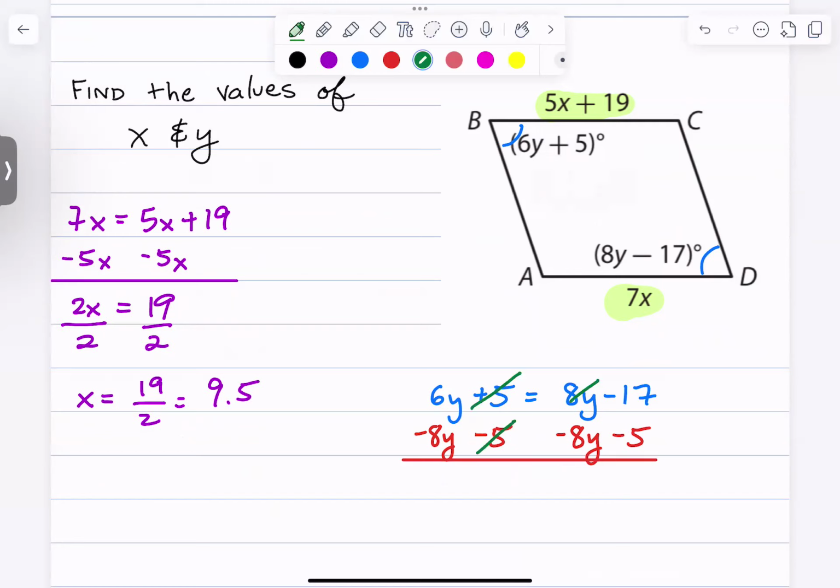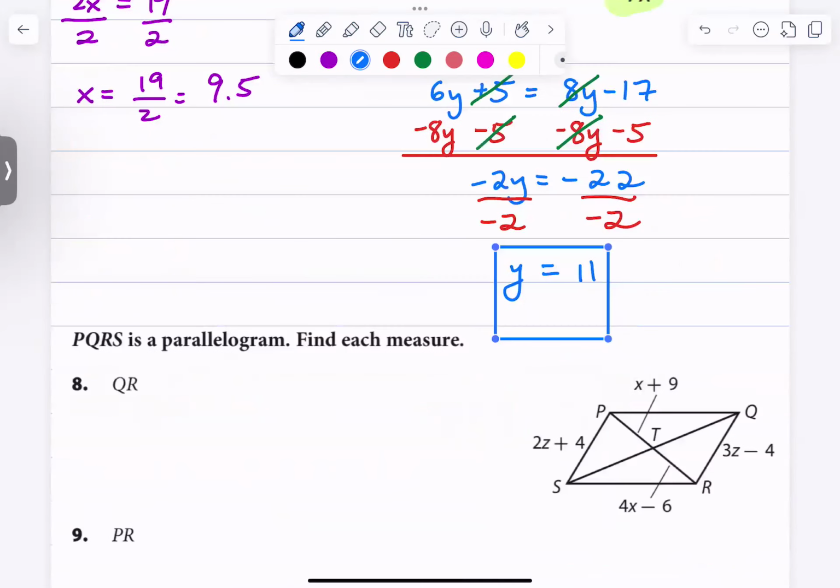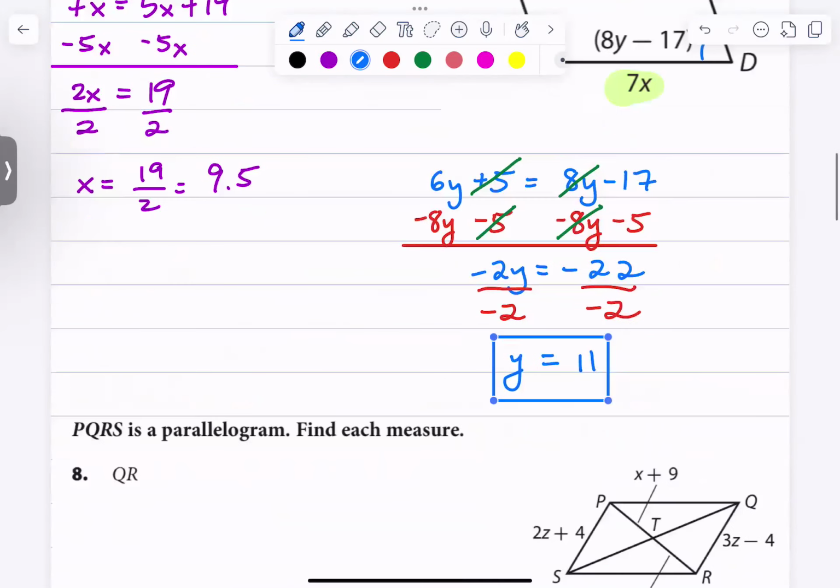Take out the 5. Take out the 8y. And we're left with negative 2y is equal to negative 22. Divide by negative 2 on both sides. Y is then equal to positive 11. Right? Whoa. Okay.